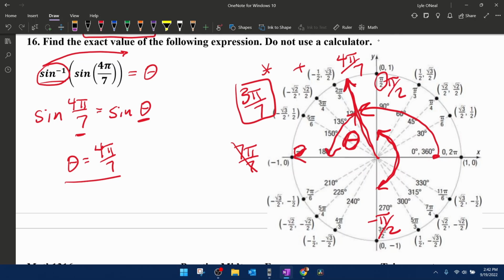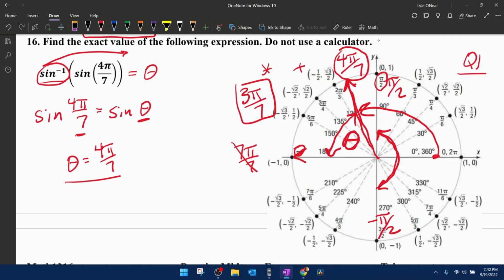So, what is sine in the second quadrant? Does sine produce negative answers or positive answers in quadrant 2? Well, from our All Students Take Calculus phrase, we know that sine in the second is positive, and also sine in the first quadrant is positive. So that means that we need a quadrant 1 angle, not a quadrant 4 angle. Remember I said that it's either 3 pi over 7 or the negative of that?